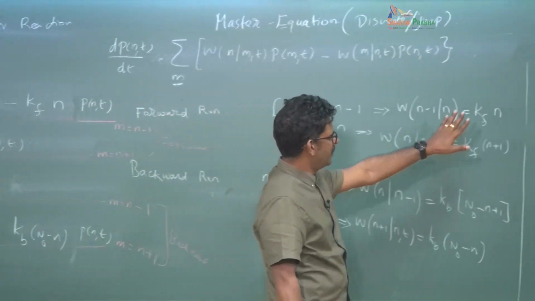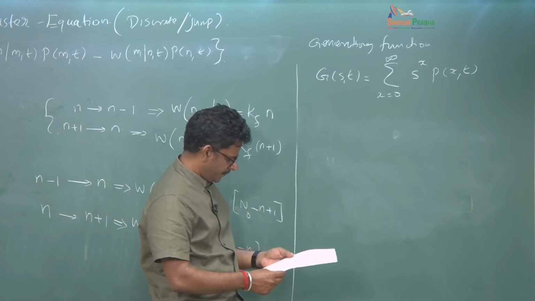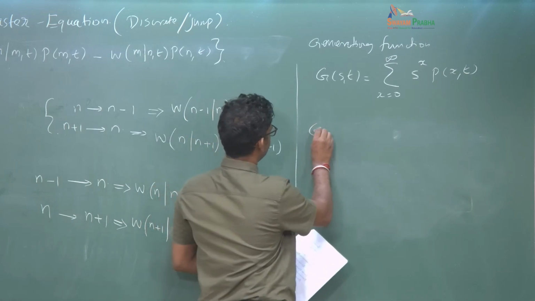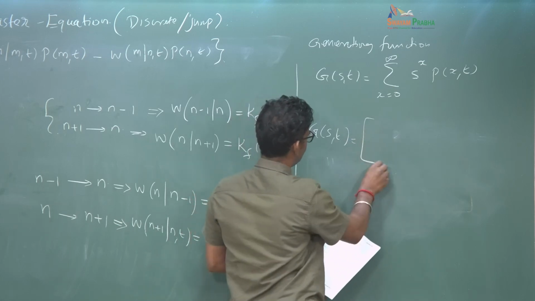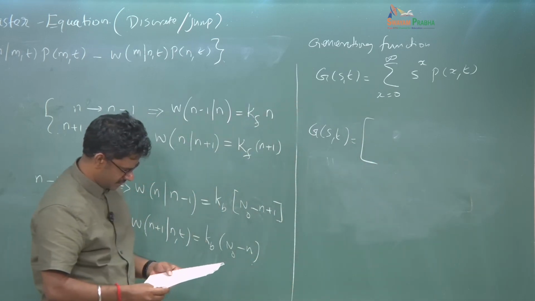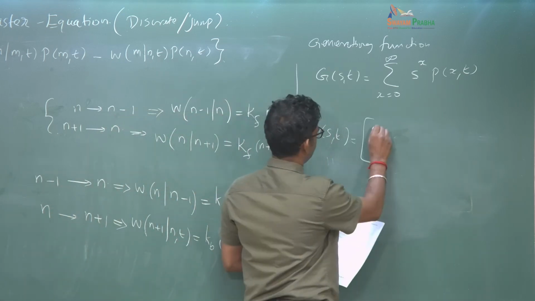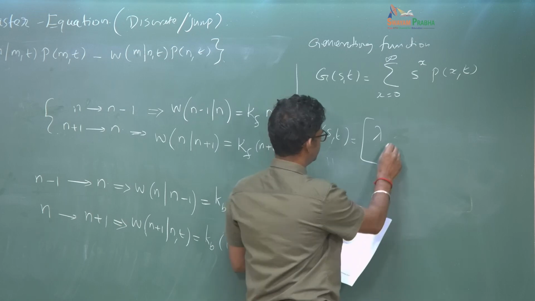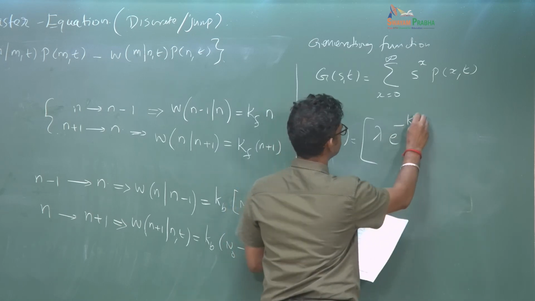Then we apply the same generating function, and it's going to give you g of s comma t. Of course, the details of this will be shown later. I mean, it's given in the notes. You get a little complicated equation here.